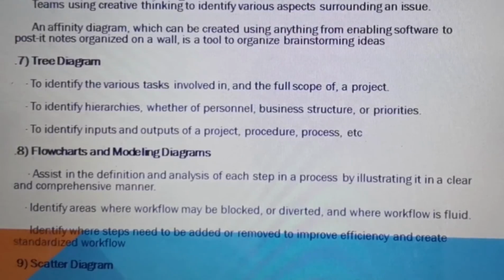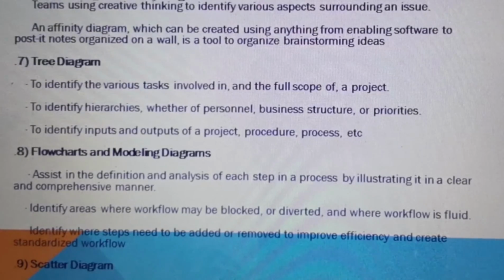There are still other total quality management tools, like brainstorming and affinity diagrams, the tree diagram, the flowcharts and modeling diagrams. These no longer need numbers to be analyzed.